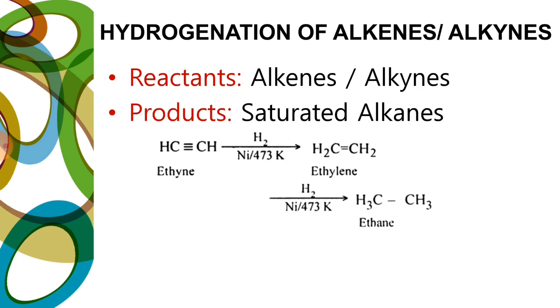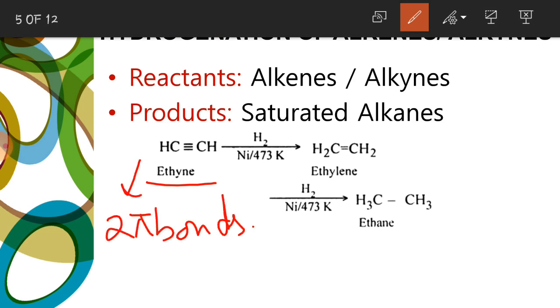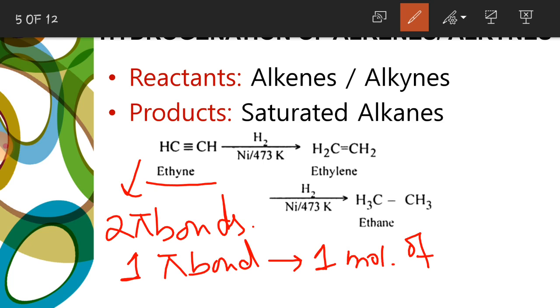Now, this hydrogenation process may also occur in alkynes. In alkynes, you may see that there are two pi bonds. Always remember that one pi bond requires one molecule of hydrogen.